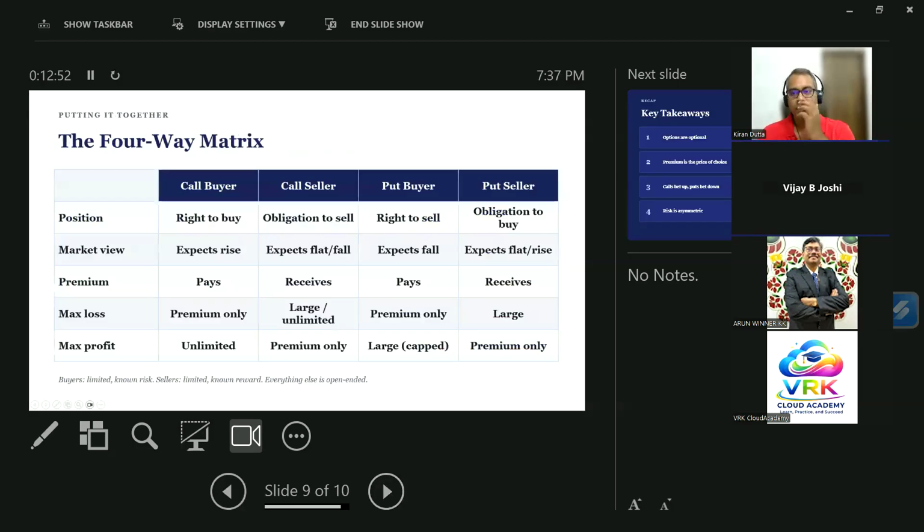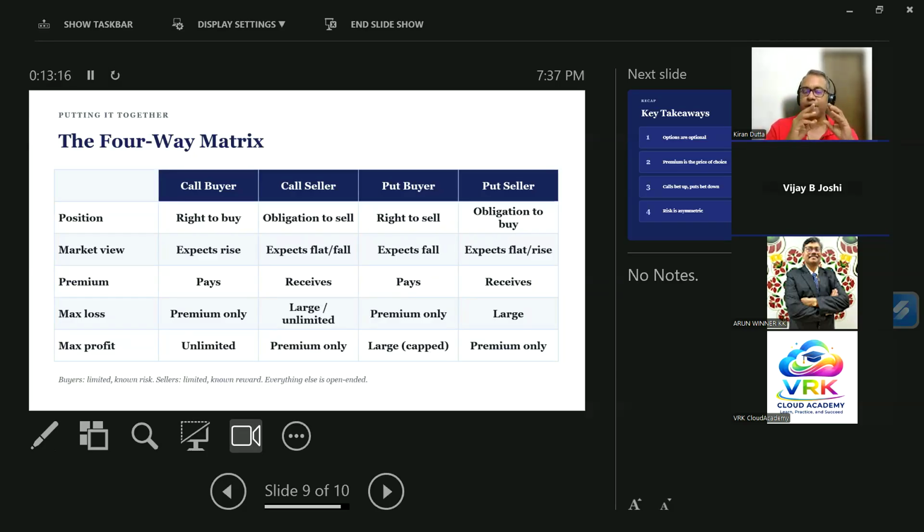Now here, I wanted to tell you this interesting thing. This is a very, very important four-way matrix. I want you to let it sink in for a moment. There are two things: a call and a put. What is a call?